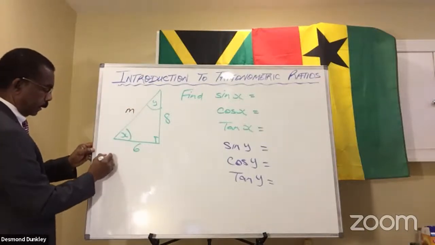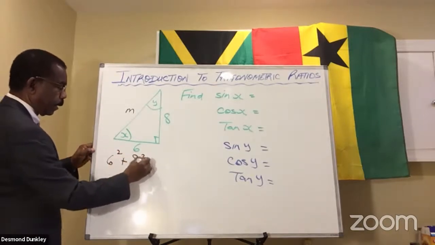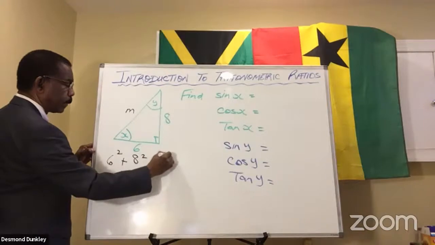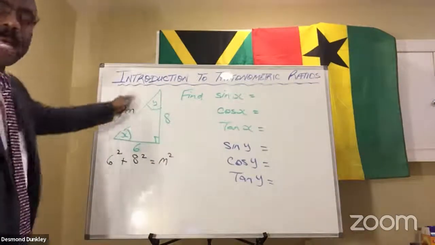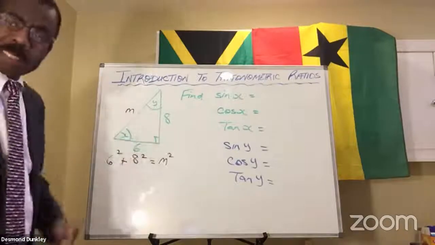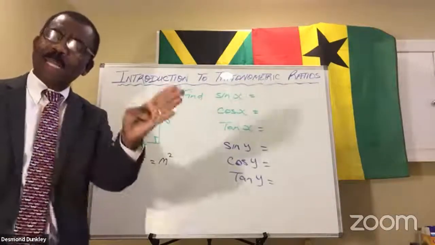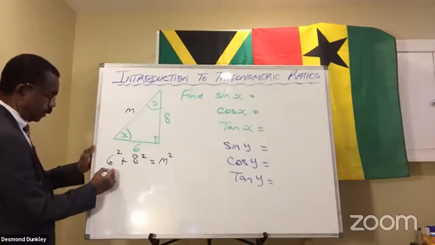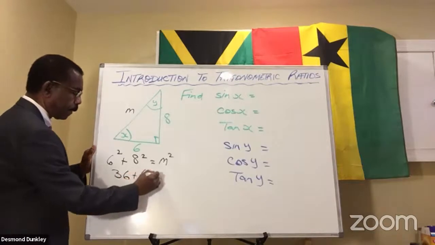Well, 6 squared plus 8 squared is equal to M squared. It's a right triangle, so we know we can use the Pythagorean theorem to find the missing side. And 6 squared is 36. 8 squared is 64.